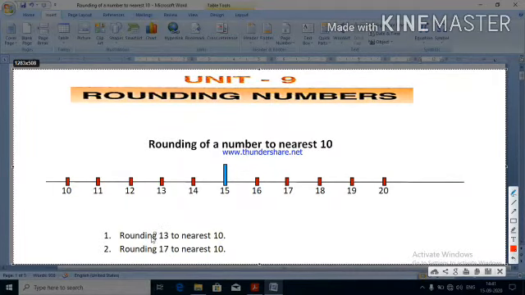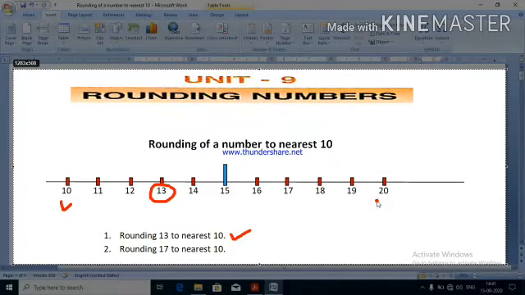See, rounding 13 to the nearest 10. We are rounding 13 to the nearest 10. So where is 13? Here is 13. Here are two numbers. One is 10, which is the nearest multiple of 10, and another one is 20. It is also a multiple of 10.